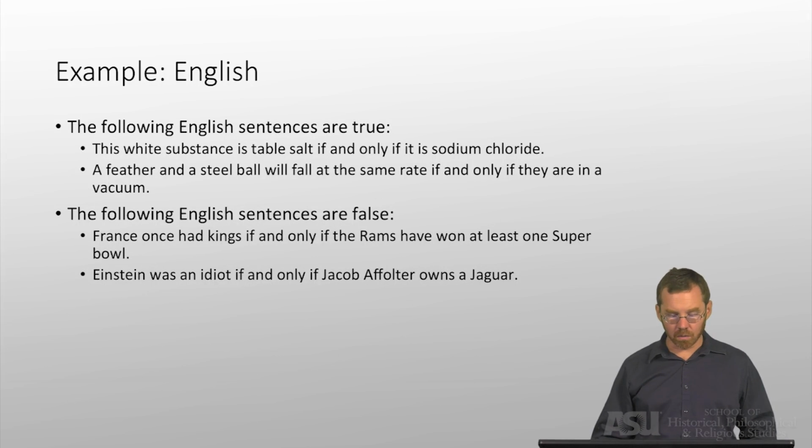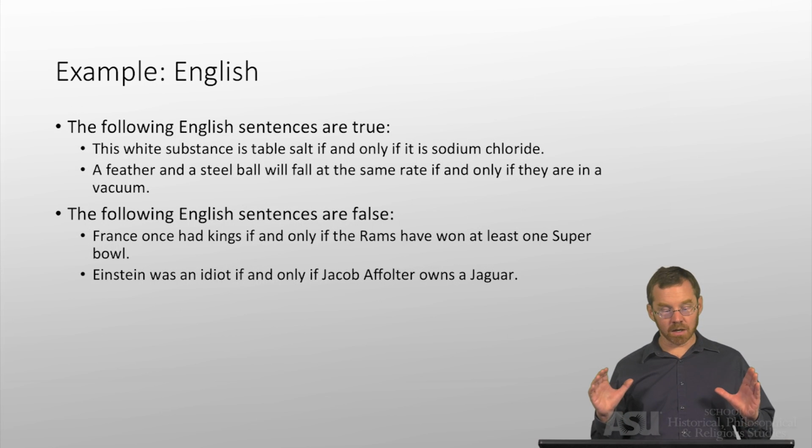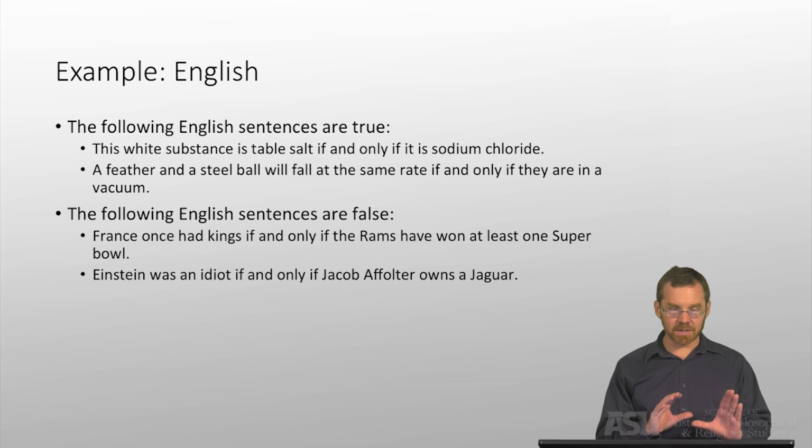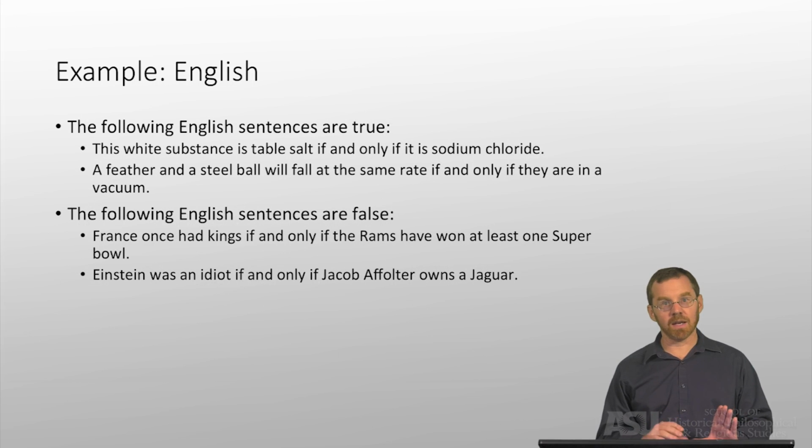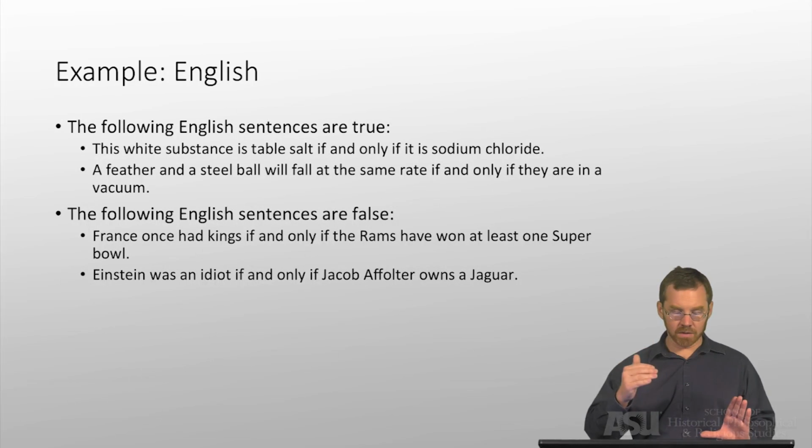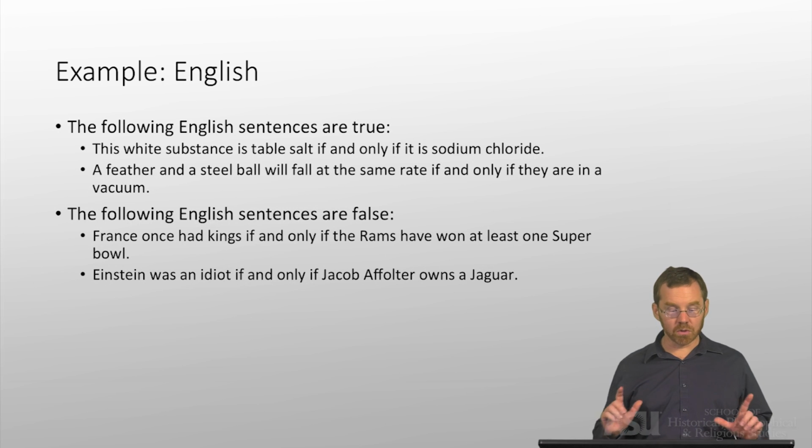So these two things come together. There's something about physics so that if you're in a vacuum, the feather and the steel ball fall at the same rate. If you're not in a vacuum, they fall at different rates. So those English sentences are true.